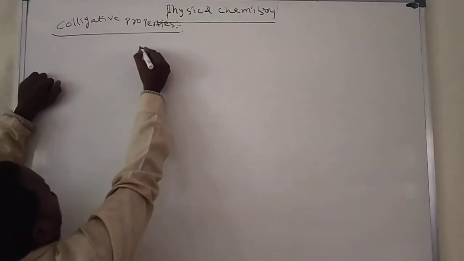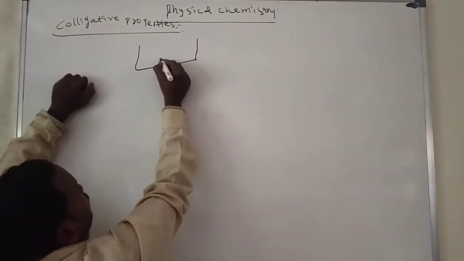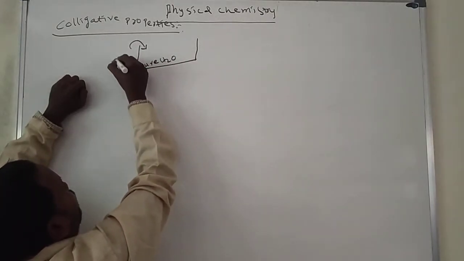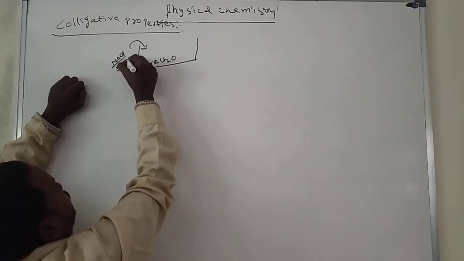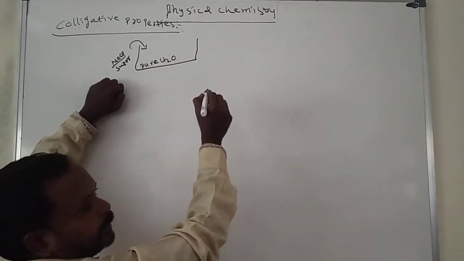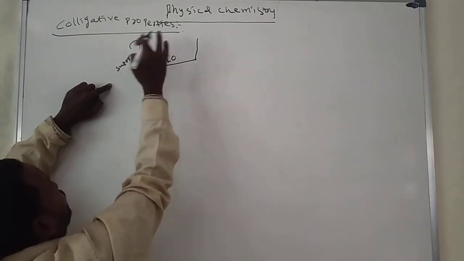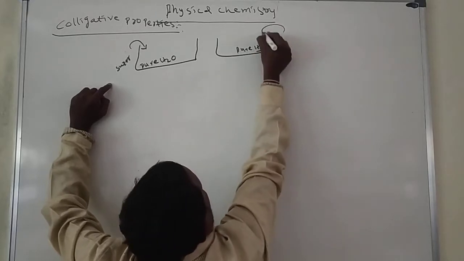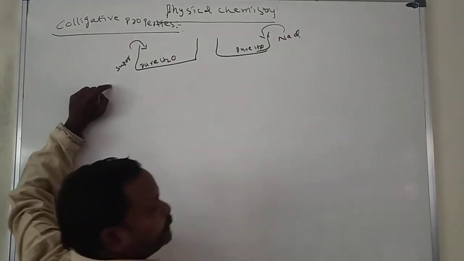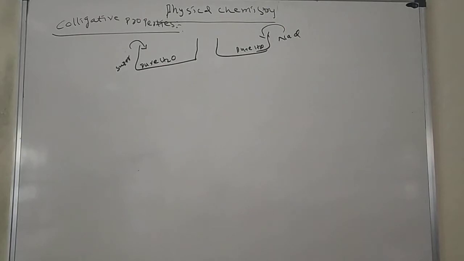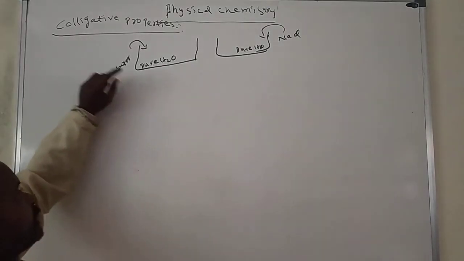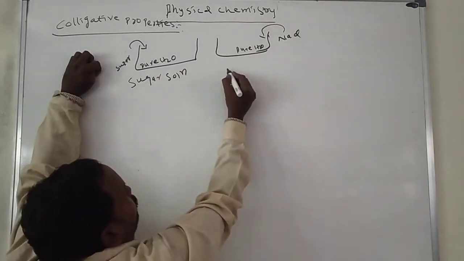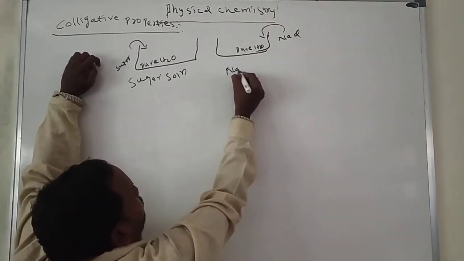For example, here I am taking pure water. Here I am taking again pure water and add sodium chloride. Both are solutions. It is a sugar solution, and it is a sodium chloride solution.